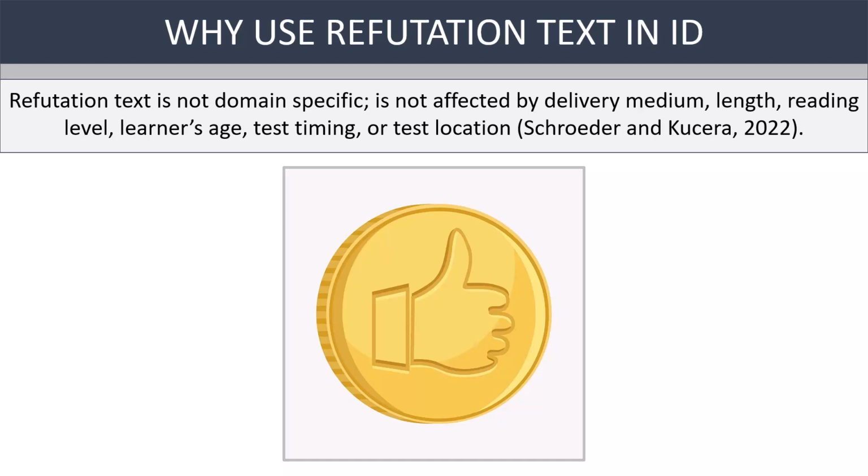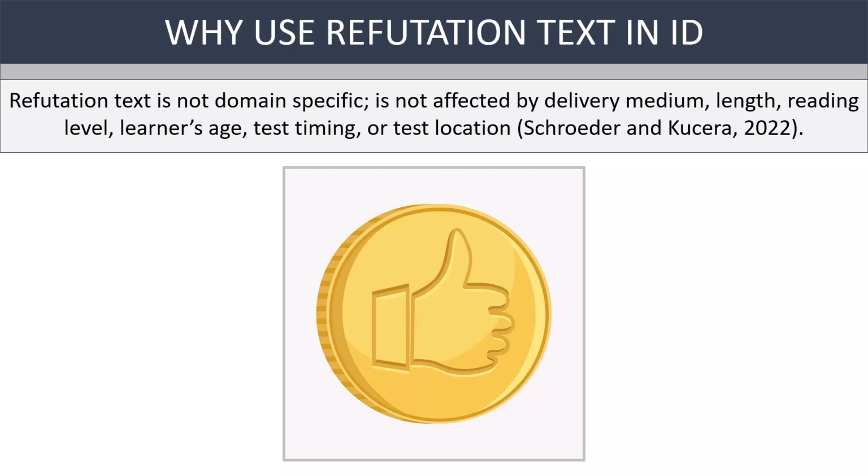Additionally, refutation text can assist in intentional conceptual change, perhaps more effectively than expository and conceptual change texts. Since expository texts tend to be based on scientific facts, they can be very domain-specific and possibly difficult for readers of lower reading levels. As mentioned previously, refutation texts cross domains and tend to be more accessible to readers of all levels.